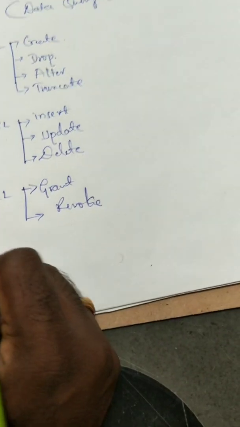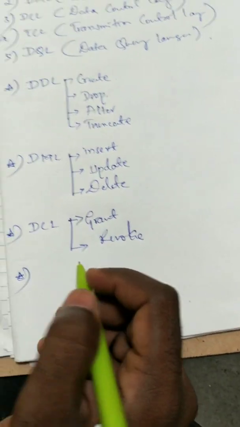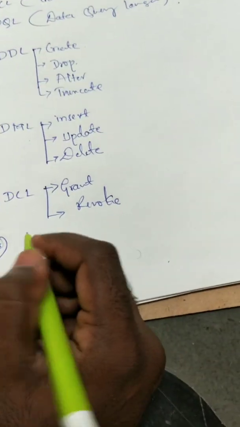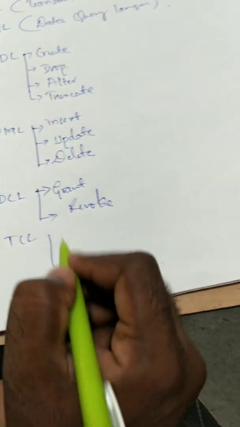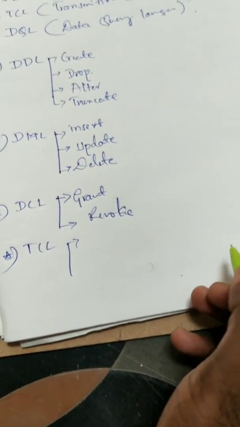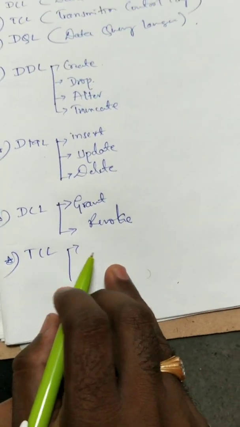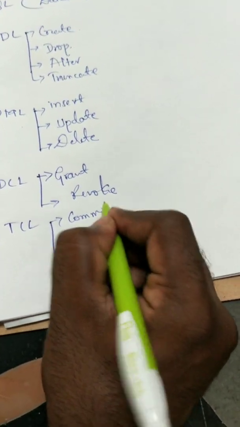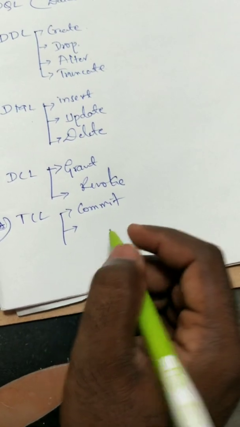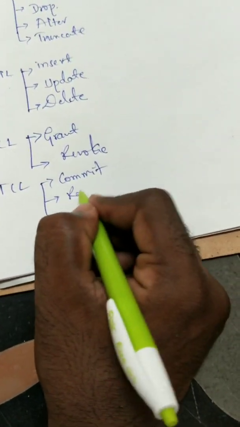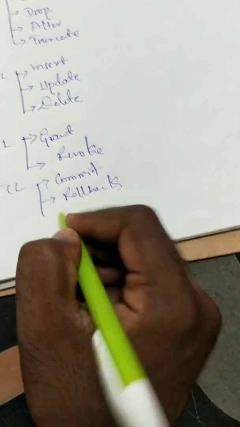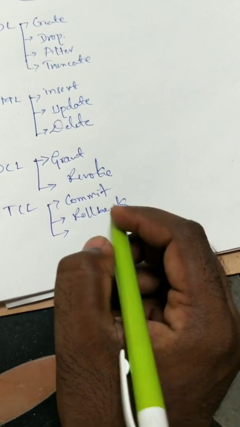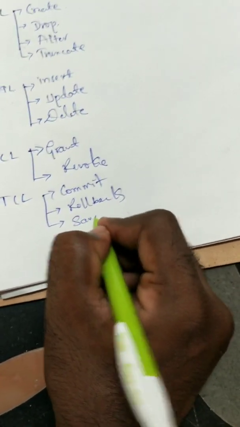The next category is TCL, transaction control language, with commands like commit, rollback, and savepoint.